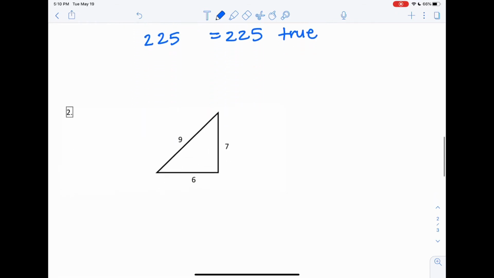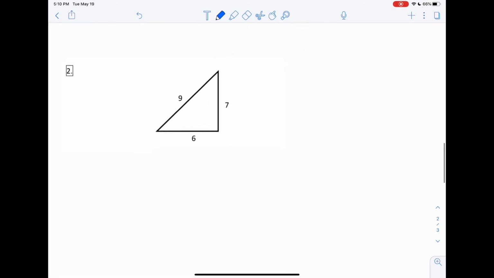Okay, let's look at another example. Once again, I'm going to begin by writing out my formula. Leg squared plus leg squared equals hypotenuse squared. And my longest side here is 9. So for hypotenuse, I'm going to substitute in 9.